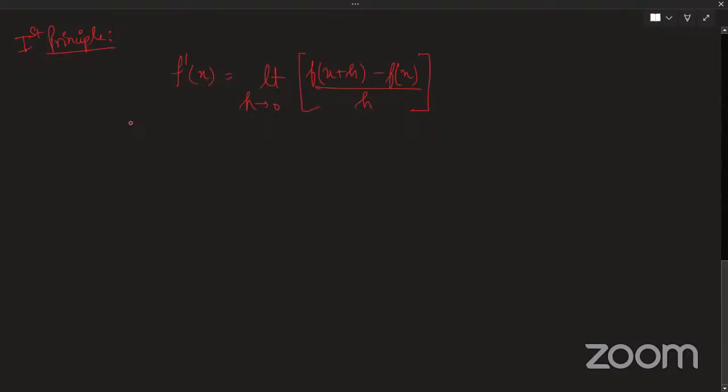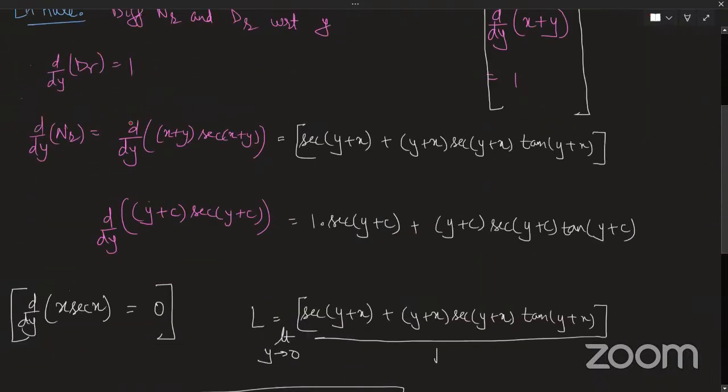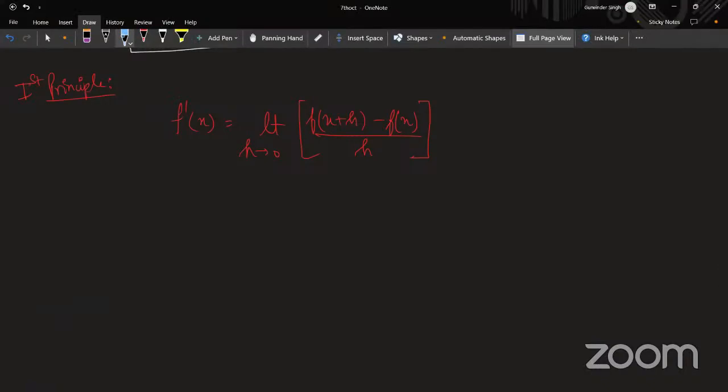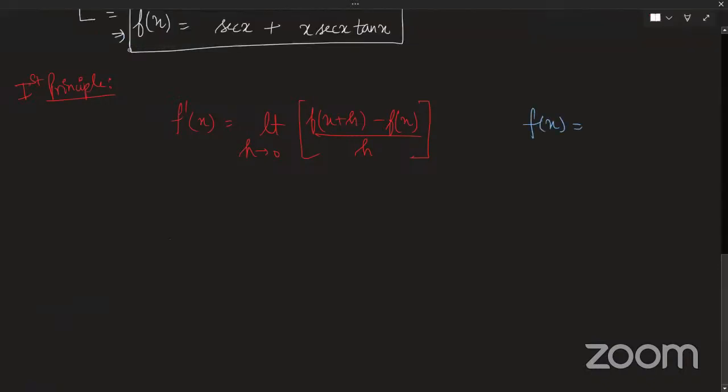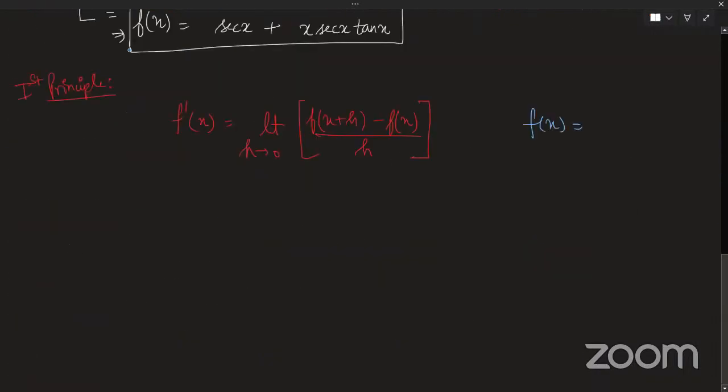This is what is meant by f dash x. If you take your f of x as x into secant x, what will be your f of x plus y? Will it be x plus y into secant of x plus y?